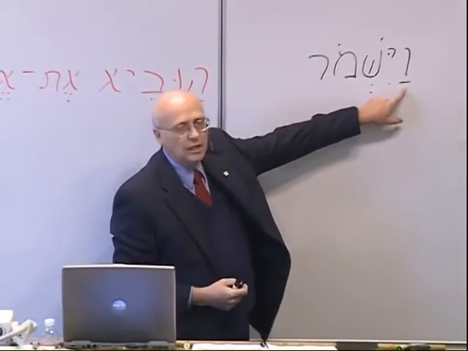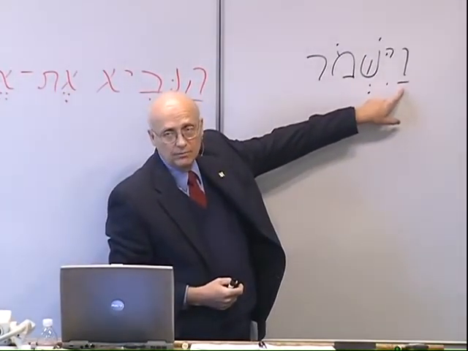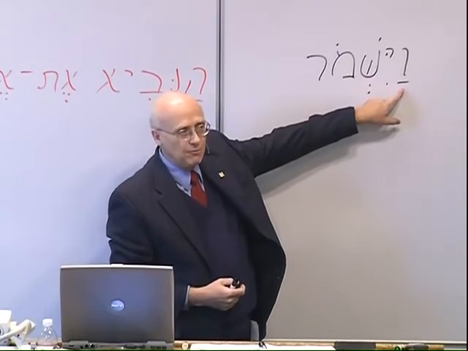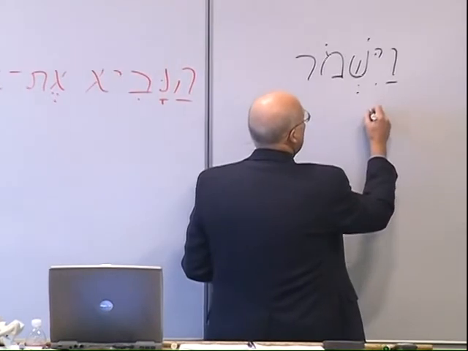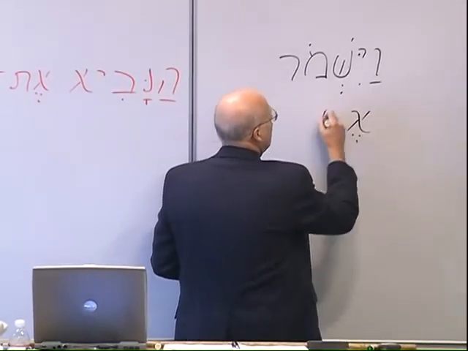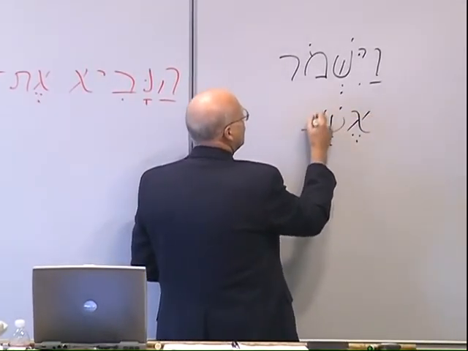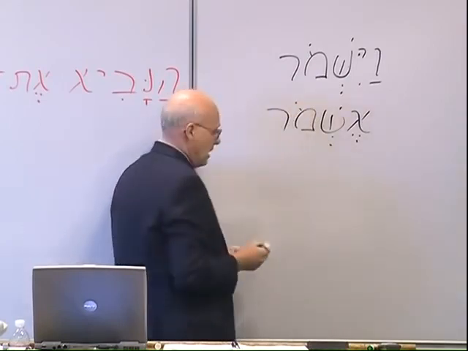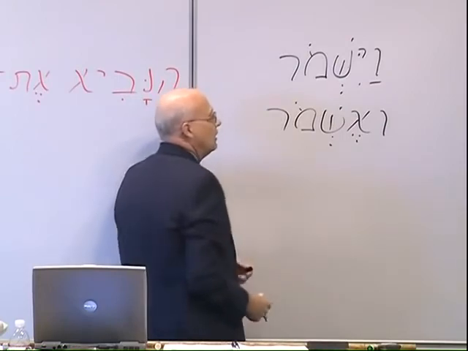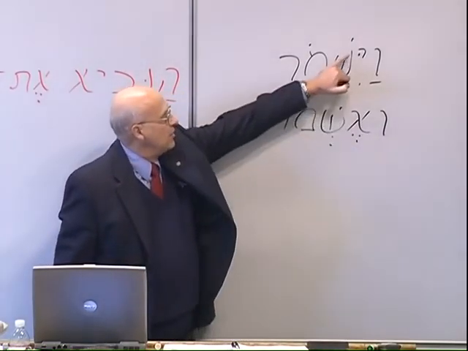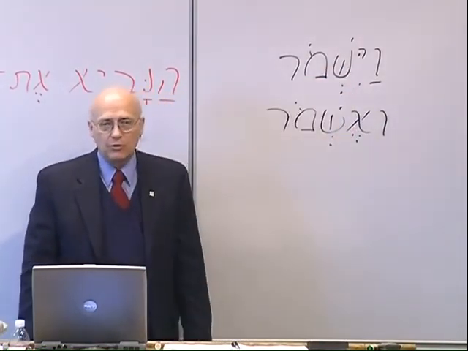This is found only on imperfects. It's never found on any other form of the verb. If, for example, you have a first common singular, eshmor, I keep, I kept, I will keep. If we put the patach here, the doubling dagesh must be there. What happens with the doubling dagesh?